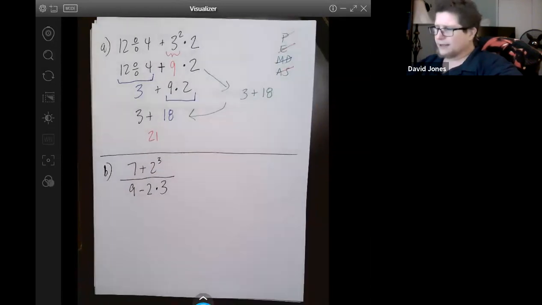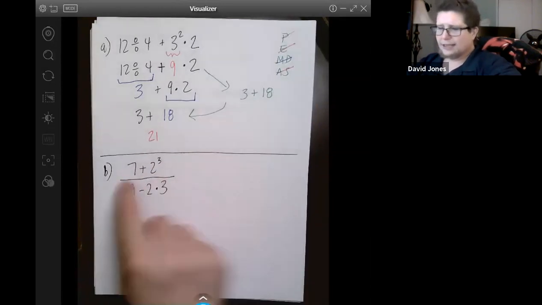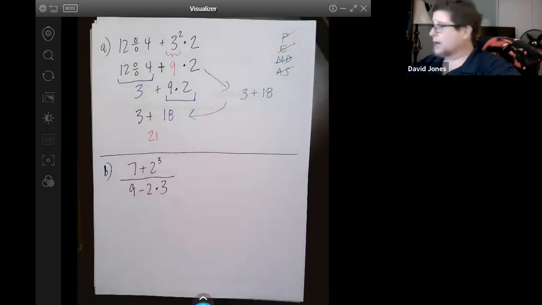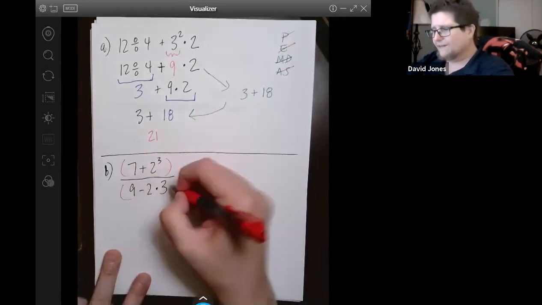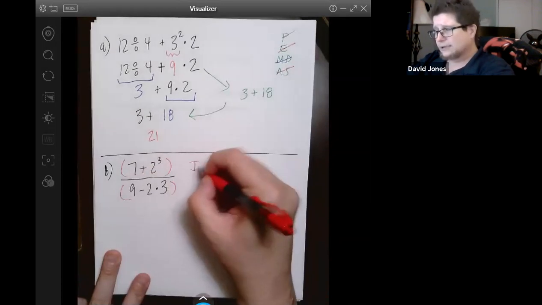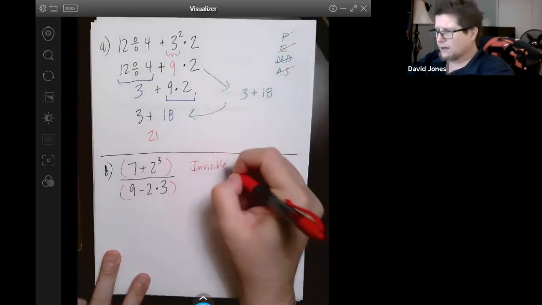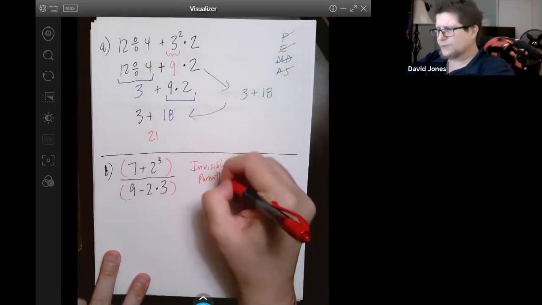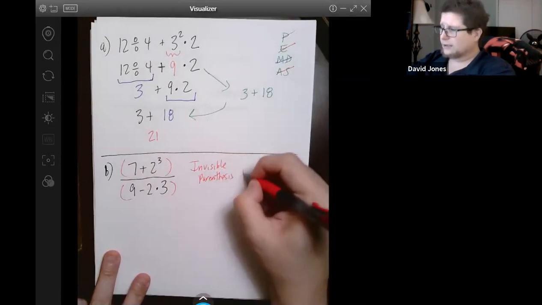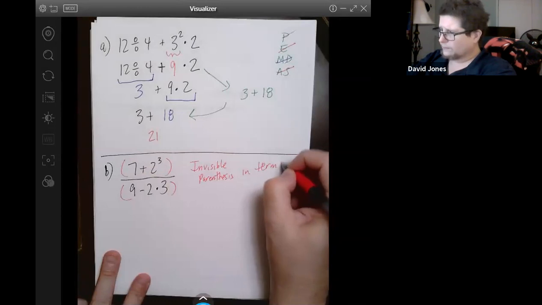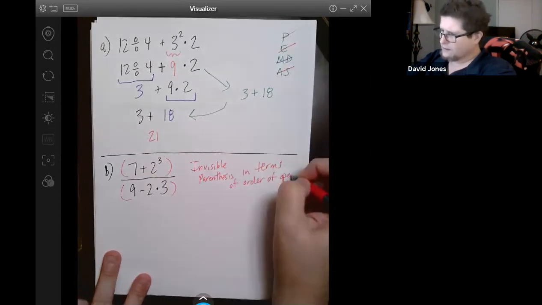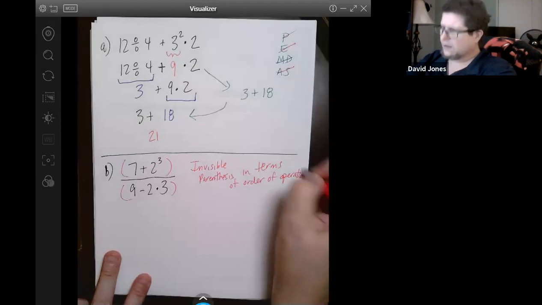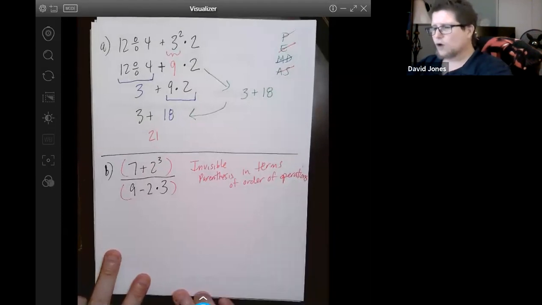When you see something like this with a big fraction and a bunch of operations on top and bottom, what you want to do is treat this like they have invisible parentheses in terms of order of operations. So this, I didn't draw the parentheses there at first, but they were added in.